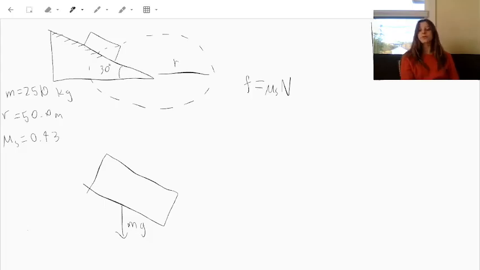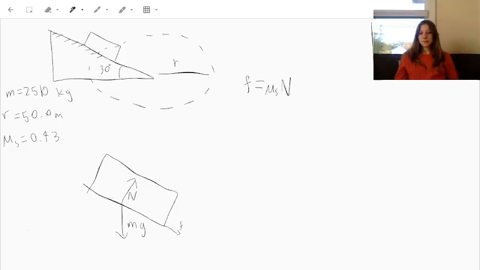And then we have our normal force. We remember it always has to be perpendicular to the surface, but the surface is at a 30-degree angle, so our normal force is going to look like that. This is our normal force. And then we have our frictional force going like this.